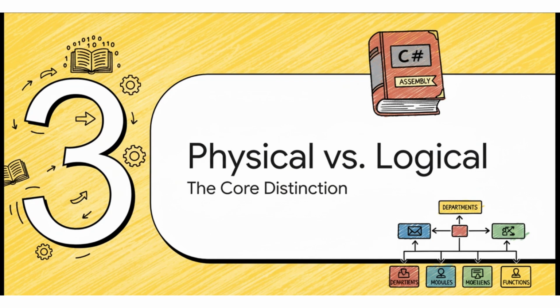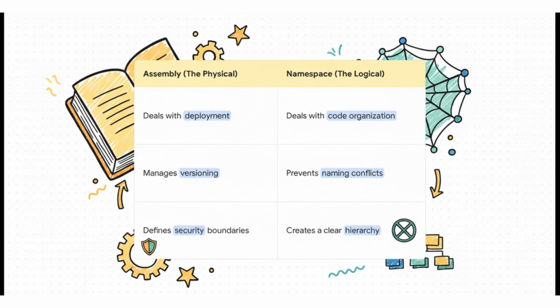Okay, so this is where it all comes together. This is the crucial part, where that distinction between the physical and the logical becomes crystal clear. And here it is, the core distinction, laid out plain and simple. An assembly is the physical package. It's what you deploy, what you give a version number to, and where you set security rules.